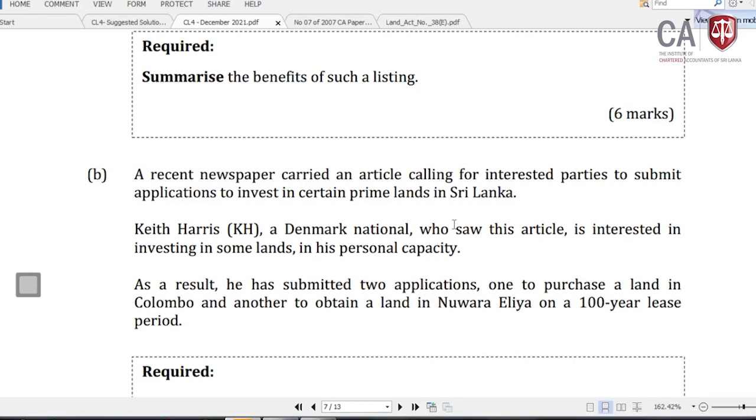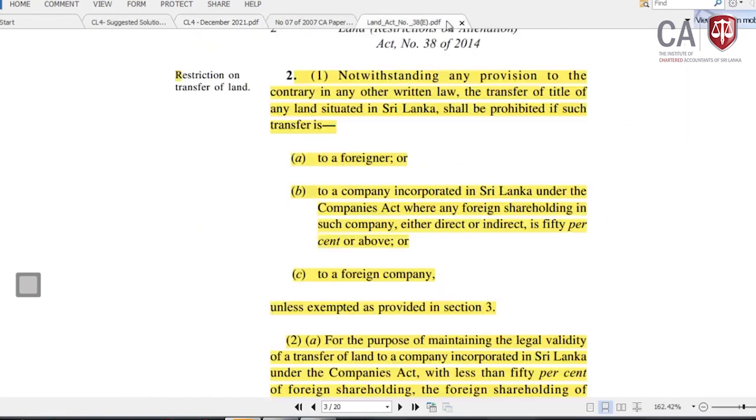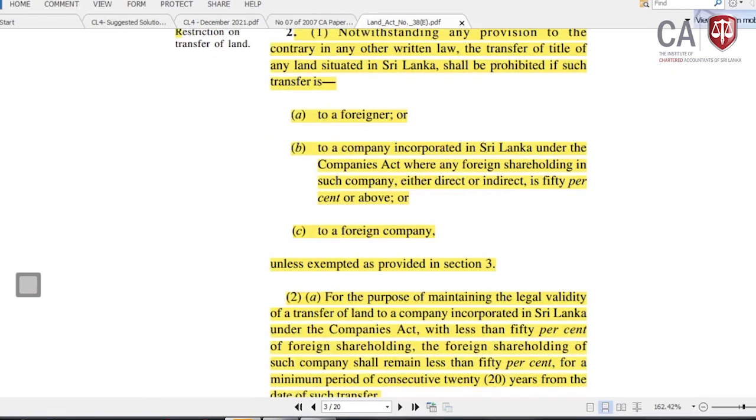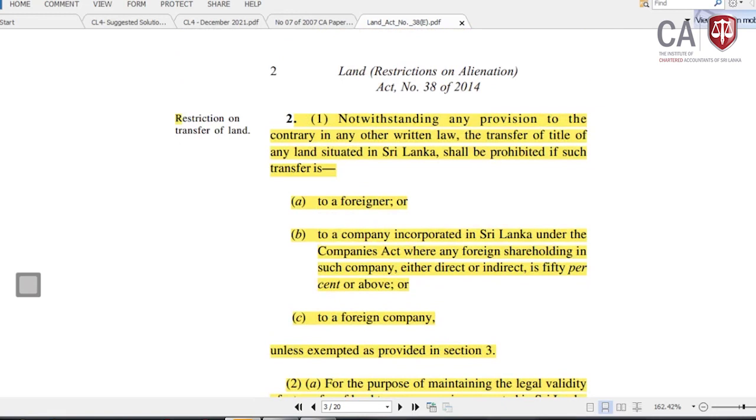Okay. Now, you have to be very cautious. As I mentioned previously, they have given you another question from the same area we looked at previously under the Land Restrictions on Alienation Act number 38 of 2014. So this is also a question given from the same statute. Now, according to this question, a Denmark national, a foreigner, intends to invest in 2 properties in Sri Lanka.